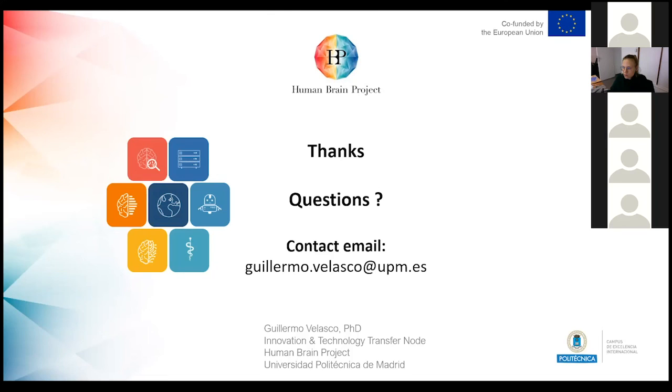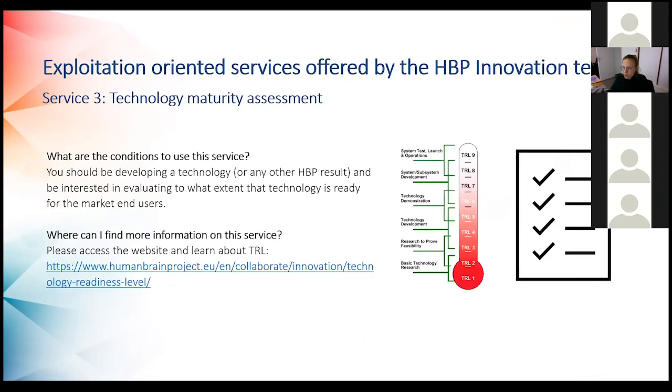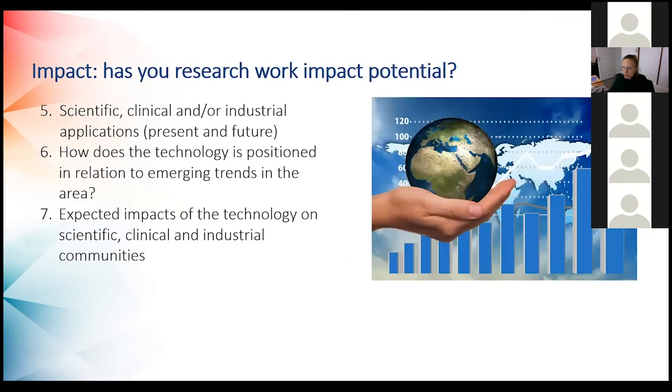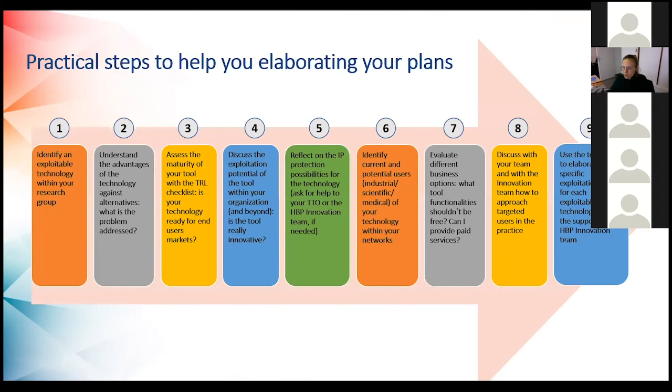Well, I put that in my presentation as a first step here. Number one, identify an exploitable technology within your research group. Every exploitable technology needs to have these plans, and the best way to identify them is to talk with the leaders.